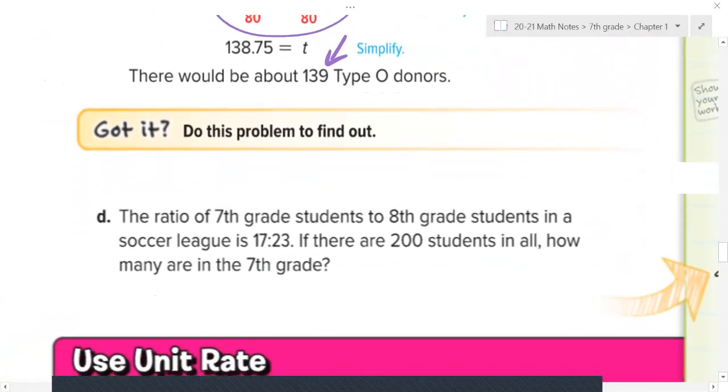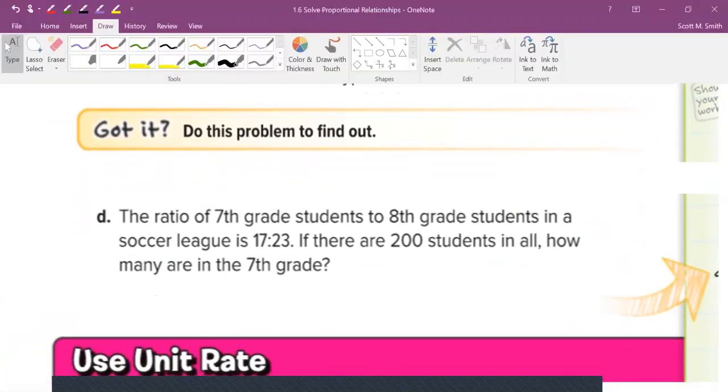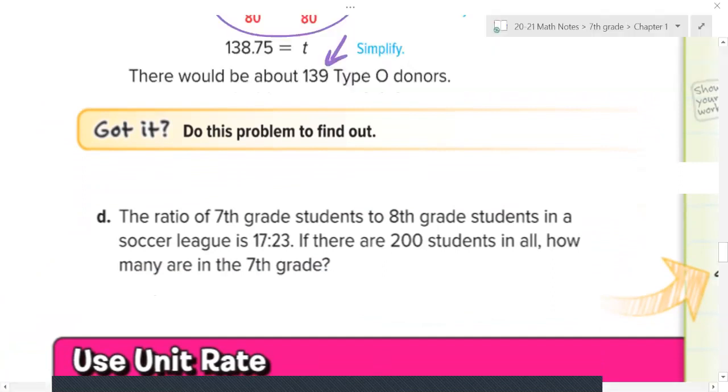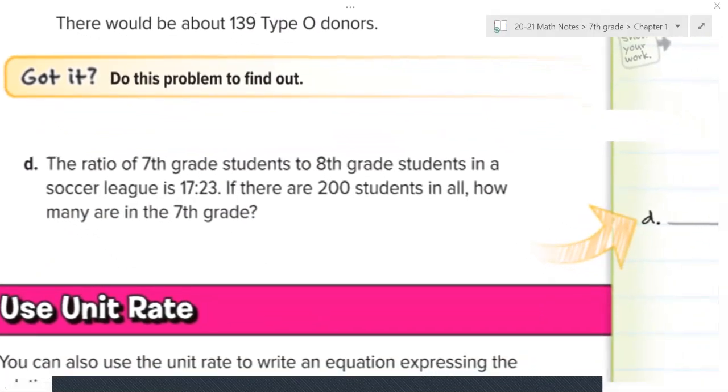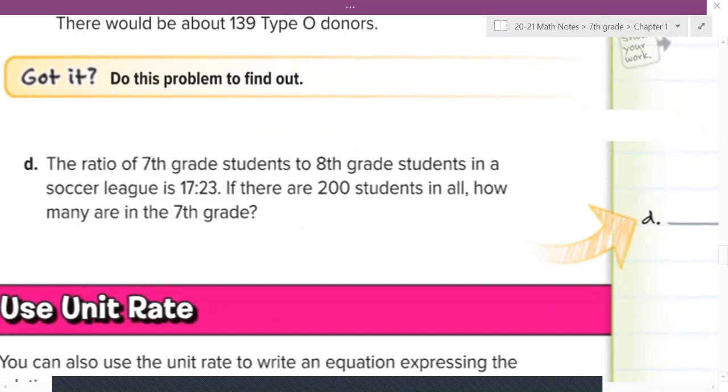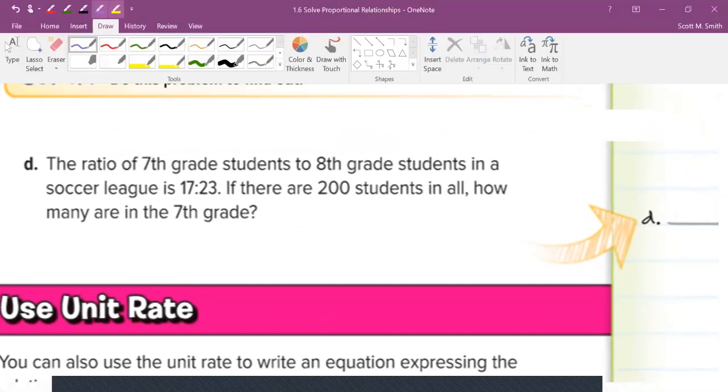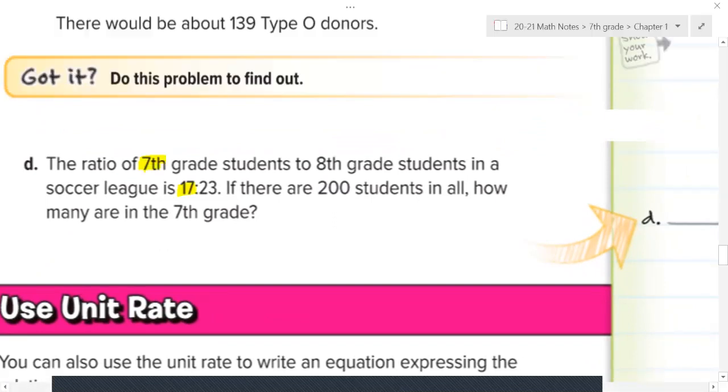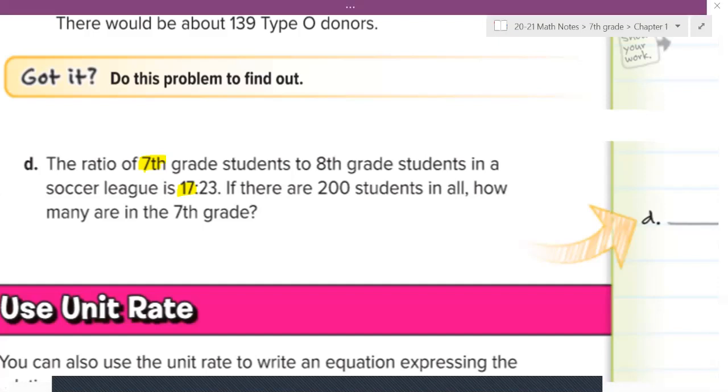So let's do that method for this one. We have the ratio of 7th grade students to 8th grade students in a soccer league is 17 to 23. So there are 17 7th graders, and there are 23 8th graders.